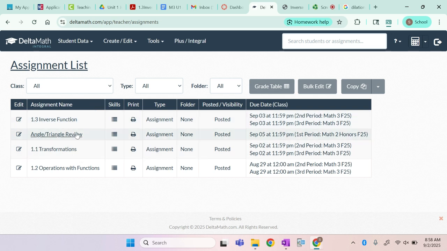So you should already be in Delta Math, but the angle triangle review will be due Friday by midnight. It's pretty short. It shouldn't take you more than 30 minutes, but basically all it's doing is reviewing basic properties of angles and triangles. It doesn't really go along with this unit, but it's necessary that you know this for our next unit, which is all about congruent triangles and their properties. So you need to have that Delta Math done Friday by midnight.